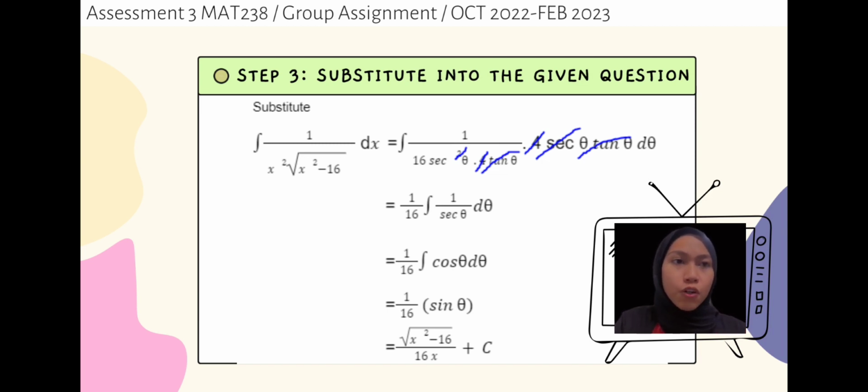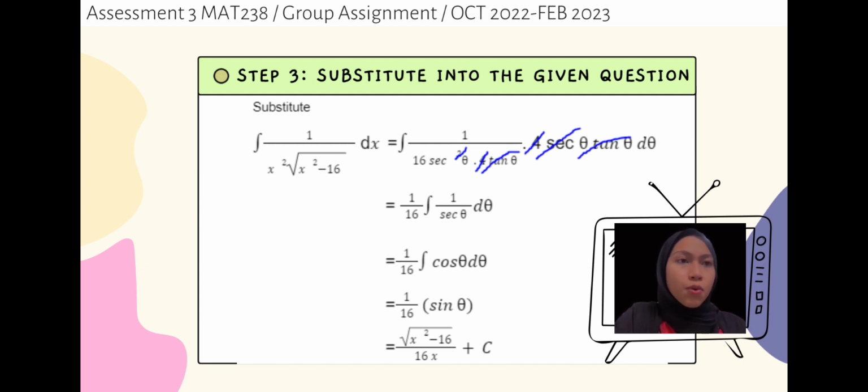So firstly, we are going to substitute the x squared with 16 secant squared theta, and then the square root x squared minus 16, we are going to change it to 4 tan theta, and dx we are going to change it to 4 secant tan theta d theta. Then we are going to cancel the same one.